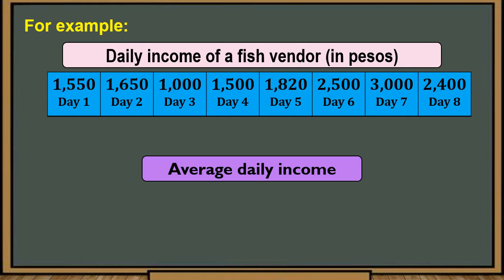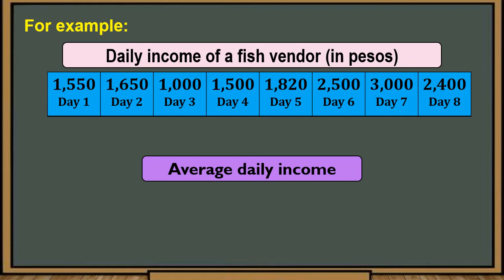The question is, what is the average daily income of a fish vendor in pesos? How do we do that? We simply add the daily income from day 1 up to day 8 and divide it by 8 because there are 8 days.